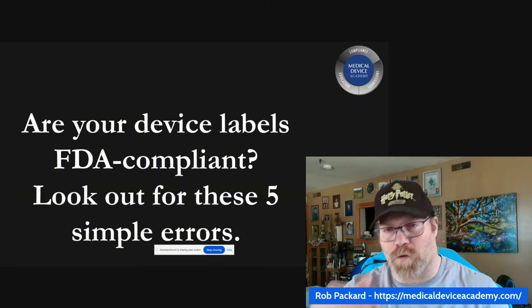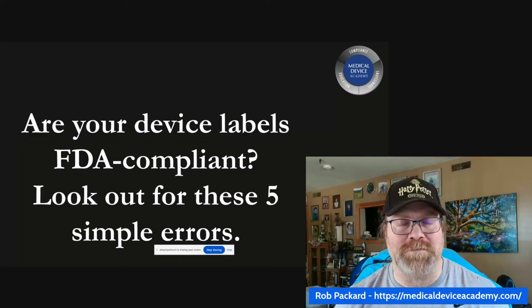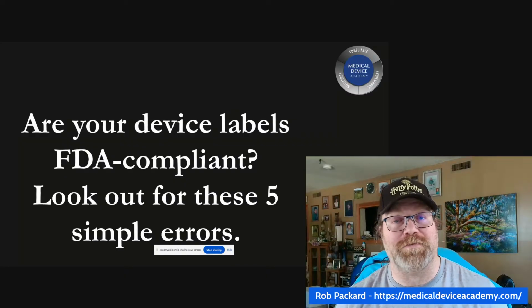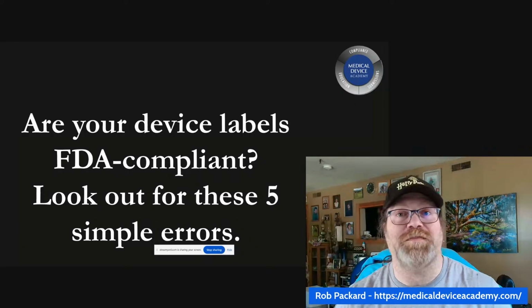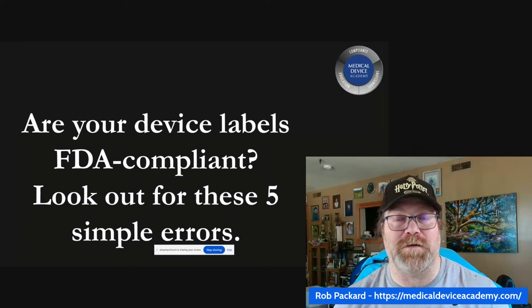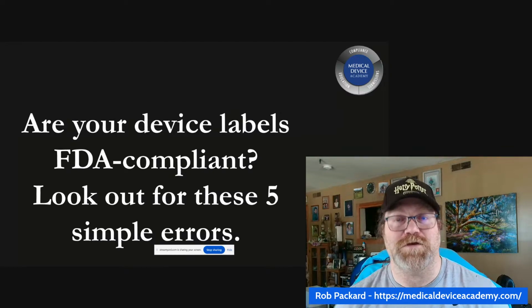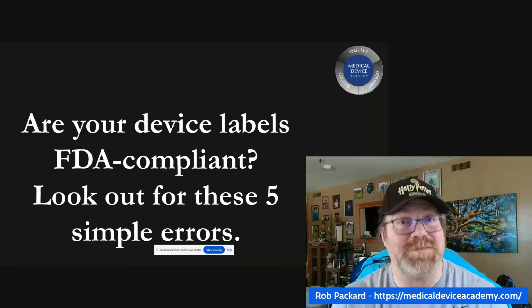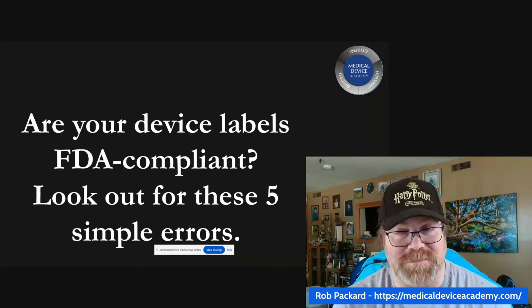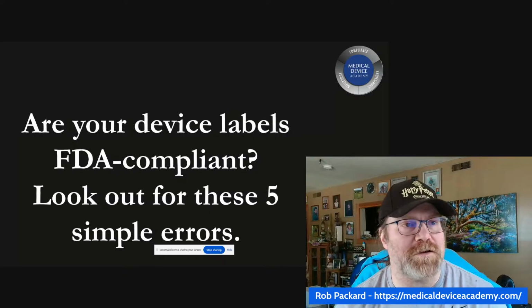And there are a whole bunch of different subparts for that, and we're going to cover one of the more common ones, but you can read through that section and it'll tell you what things are required and what things are not, including things like the UDI and what the exemptions are for UDI and when you have to use it and when you don't have to use it. And you should read through that section so you know exactly what's exempt and what's not instead of what you think is exempt.